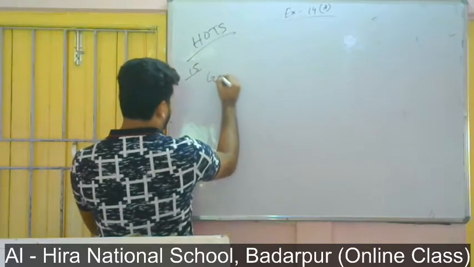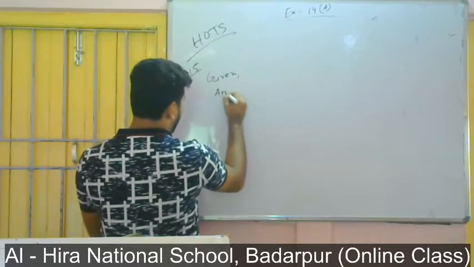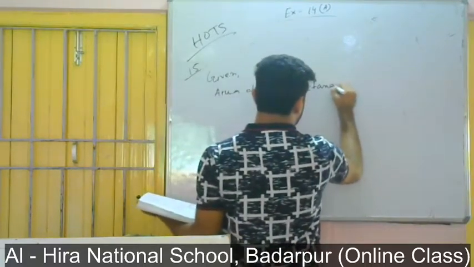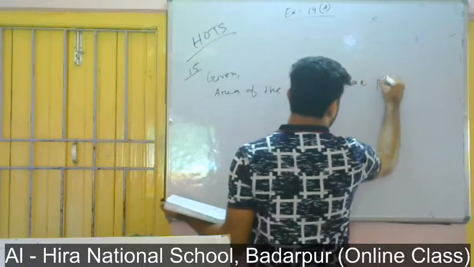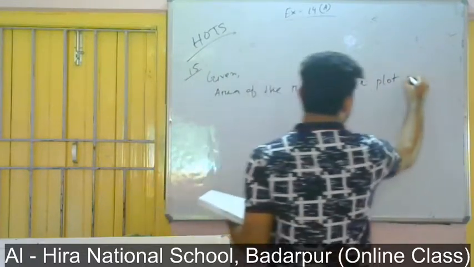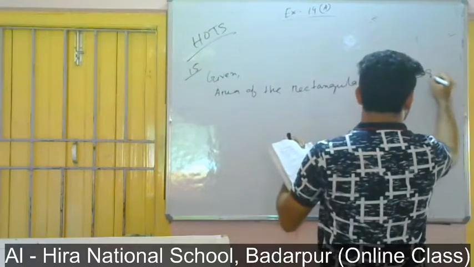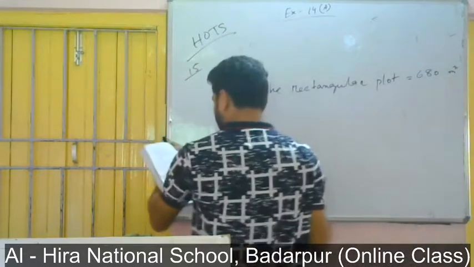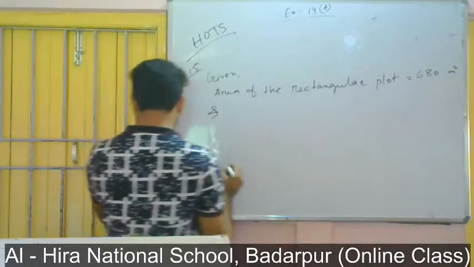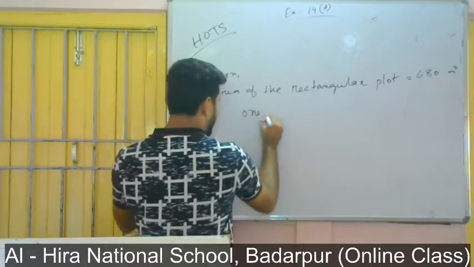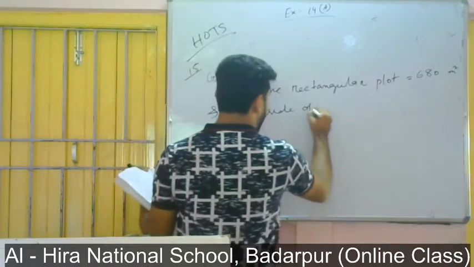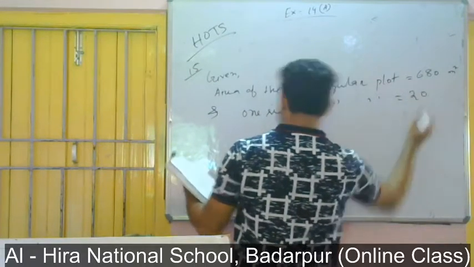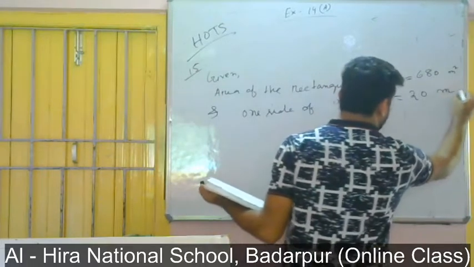First you write given: area of the rectangular plot equals 680 meter square, and one side of the rectangular plot equals 20. In place of centimeter you correct it and write meter.